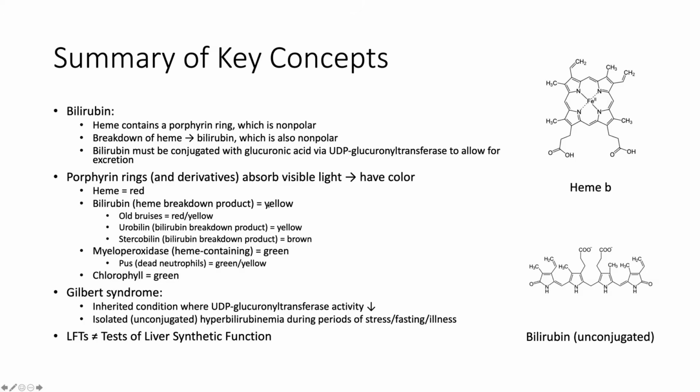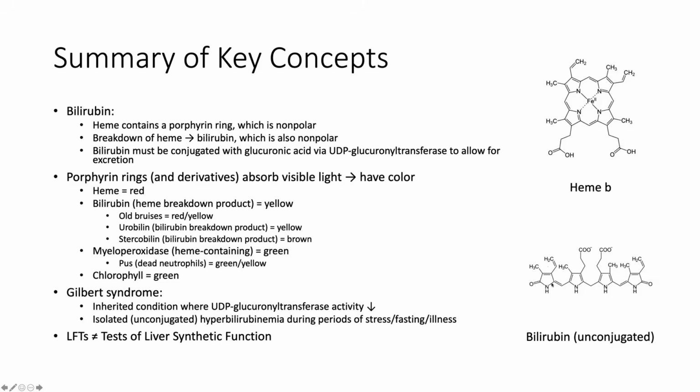Bilirubin is yellow because it's also very nonpolar, with an alternating structure of double bonds and single bonds. Pus is green because neutrophils have myeloperoxidase, also based on a porphyrin ring. Chlorophyll also is a porphyrin ring. That is why it's green, right? Many of these colored natural things are based on porphyrin rings.